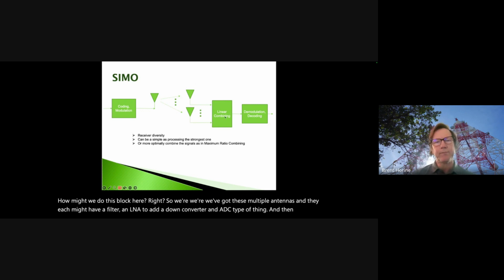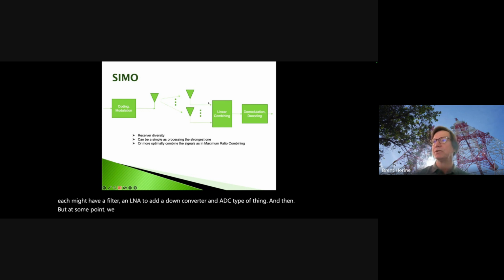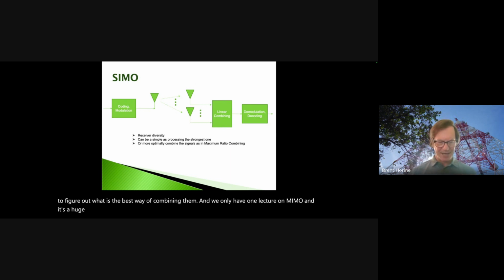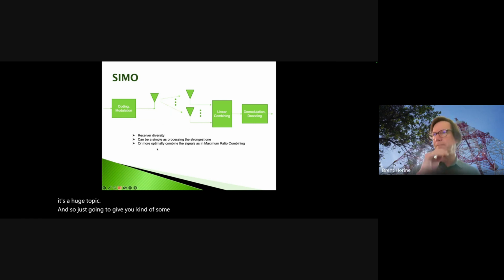But at some point, we've measured the signals on each of these antenna ports, and we want to figure out what is the best way of combining them. And we only have one lecture on MIMO, and it's a huge topic, so I'm just going to give you some high-level concepts here.